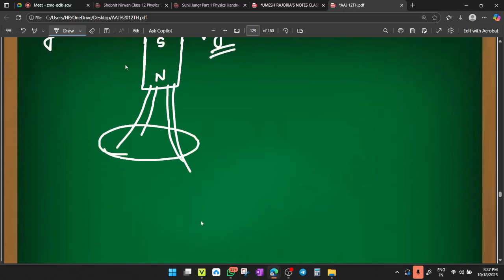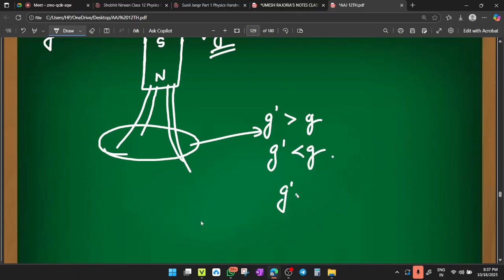Now, when it comes closer to the coil, tell me what is the acceleration near the coil? Greater than g, meaning g dash is greater than g, g dash is less than g, or g dash equals g. What will the new acceleration be? Tell me.